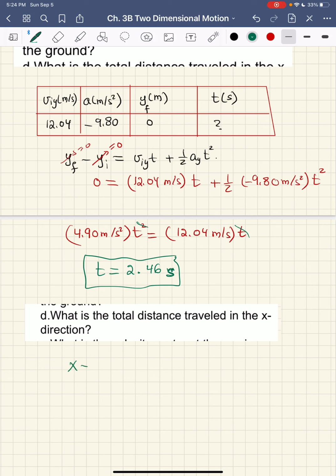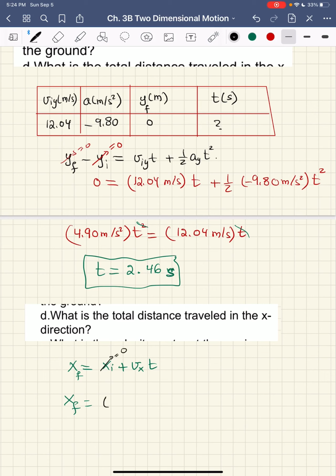It's going to be x final equals x initial plus vx times t, and that xi is 0.